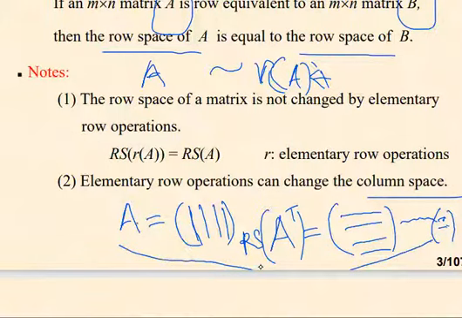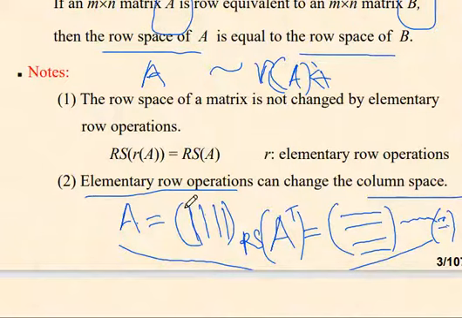This can do many things. Let's take many problems to understand those things. But make sure that every row operation can change the column space. If you want to find the column space, you can use this trick.